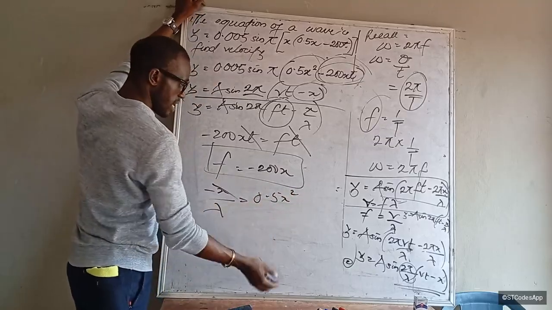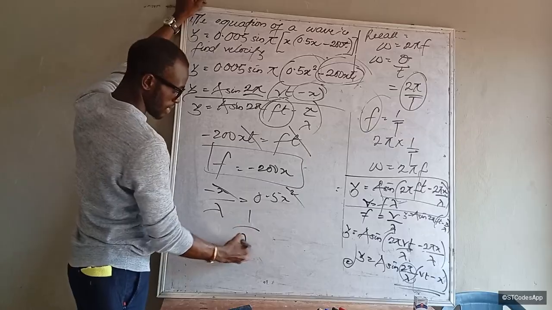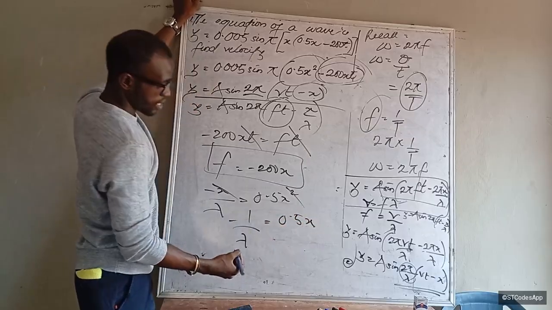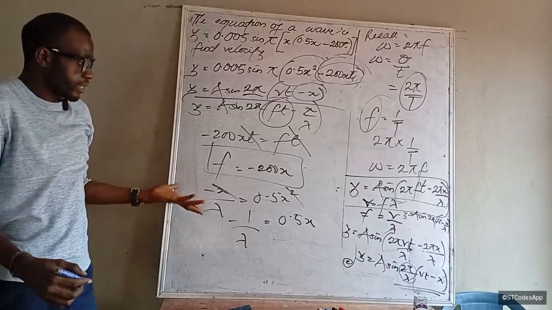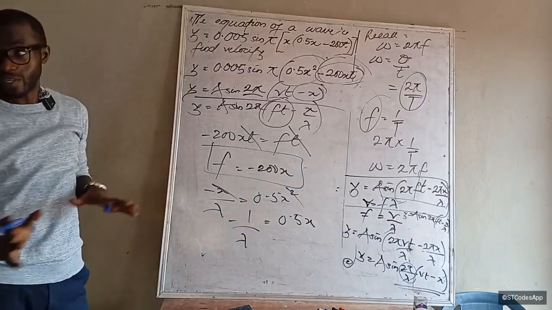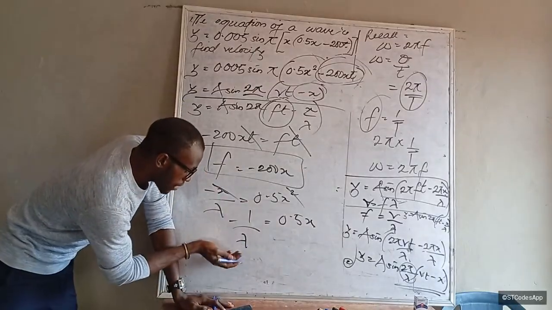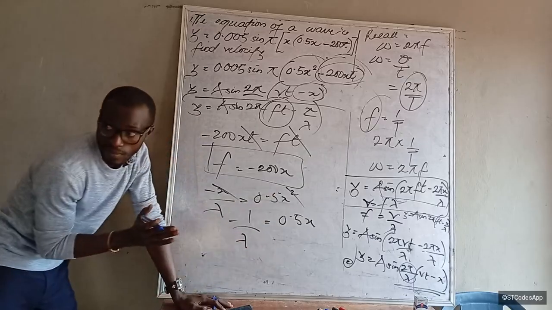From here, x takes care of one of the x's, and I have 1 over lambda, another 0.5x. And now you see, there's a problem here. I mean, there is no problem really. See what I'll do. Lambda will become, if I take this guy up, this guy will come down. Do you believe?